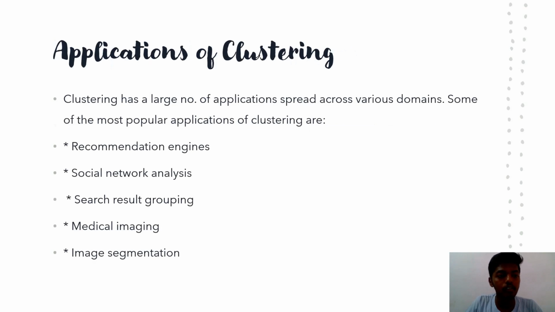Let's move on to the applications of clustering. Clustering has a large number of applications spread over various domains. Some of the most popular applications of clustering are recommendation engines.